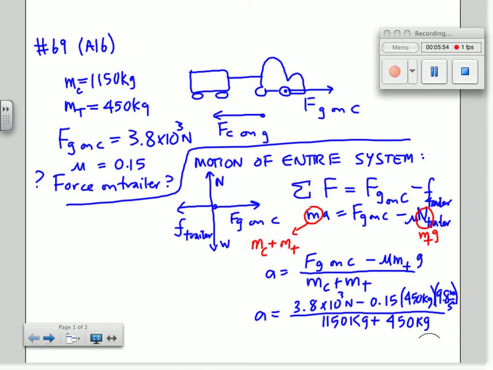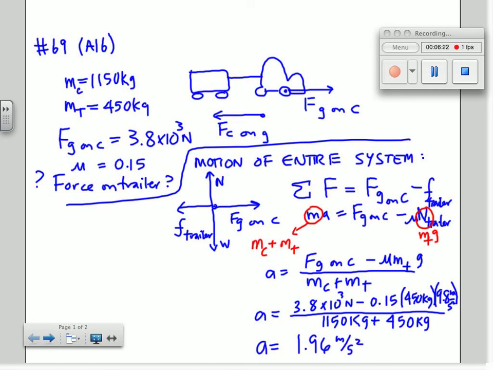When I do this out, I'm going to plug in the numbers, and I find an acceleration of 1.96 meters per second squared.